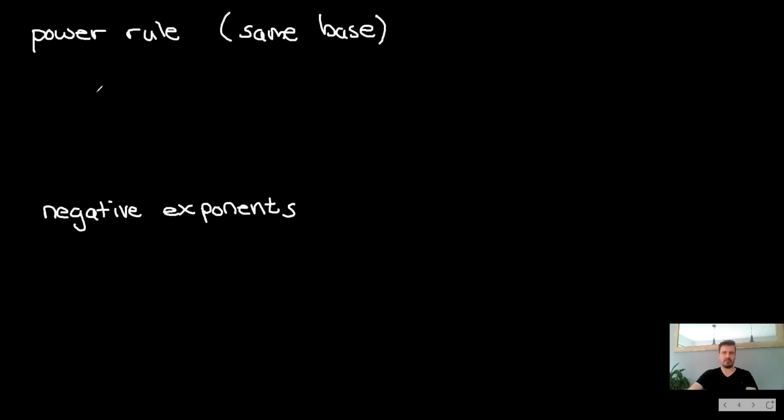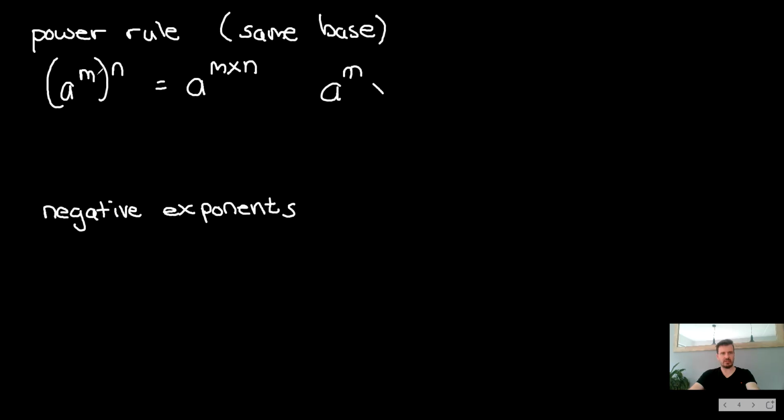Now let's look at the power rule. Well, obviously the power rule is the same base, because actually there's only one thing that has a base. So we have, let's say, a to the m, to the n, like that, is equal to a to the m times n. So when it was a to the m times a to the n, we added.